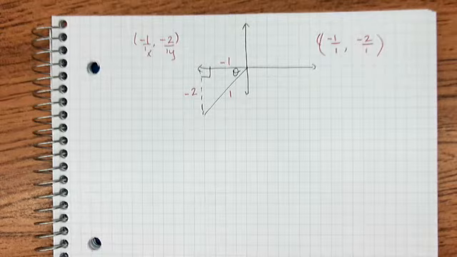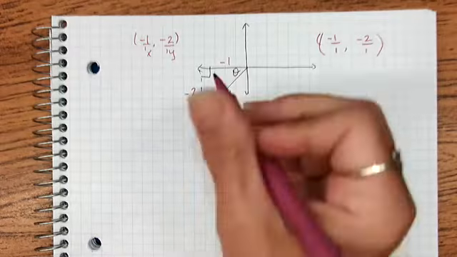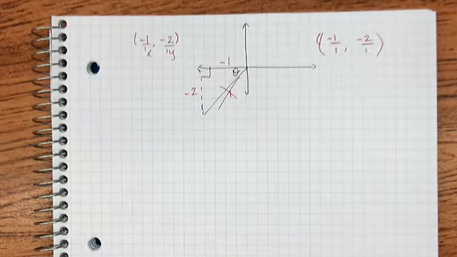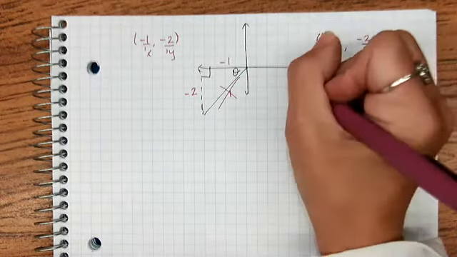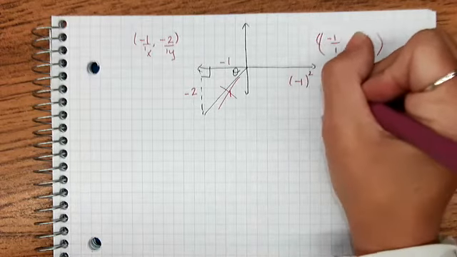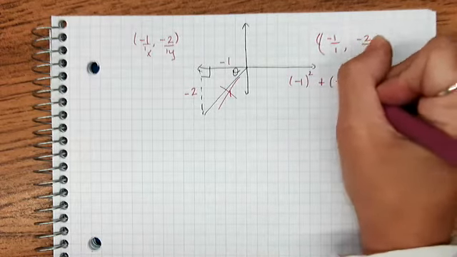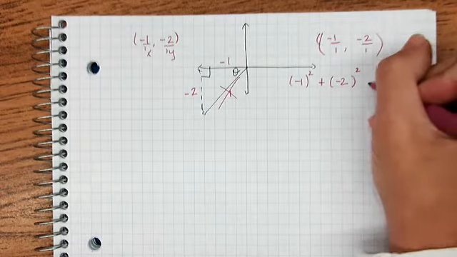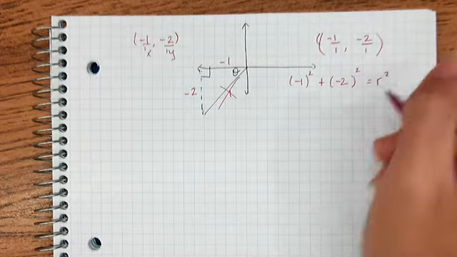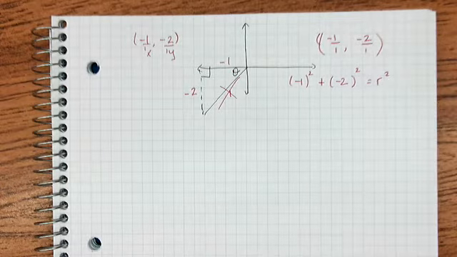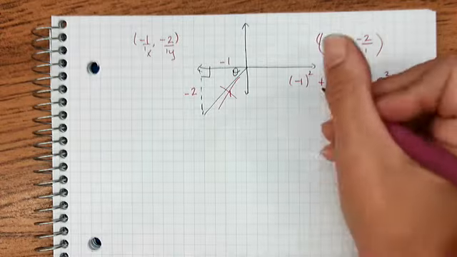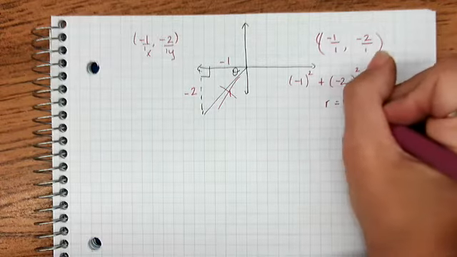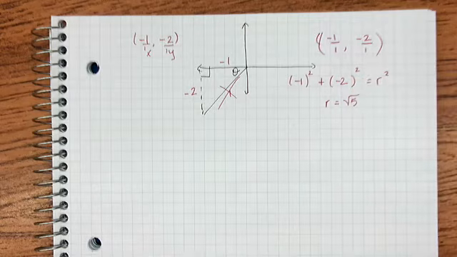If you draw the triangle and you use the Pythagorean theorem, like here, -1 squared plus -2 squared is r squared. So in this case, I believe r is √5. It is total coincidence that you get √5 for this example and the previous example.